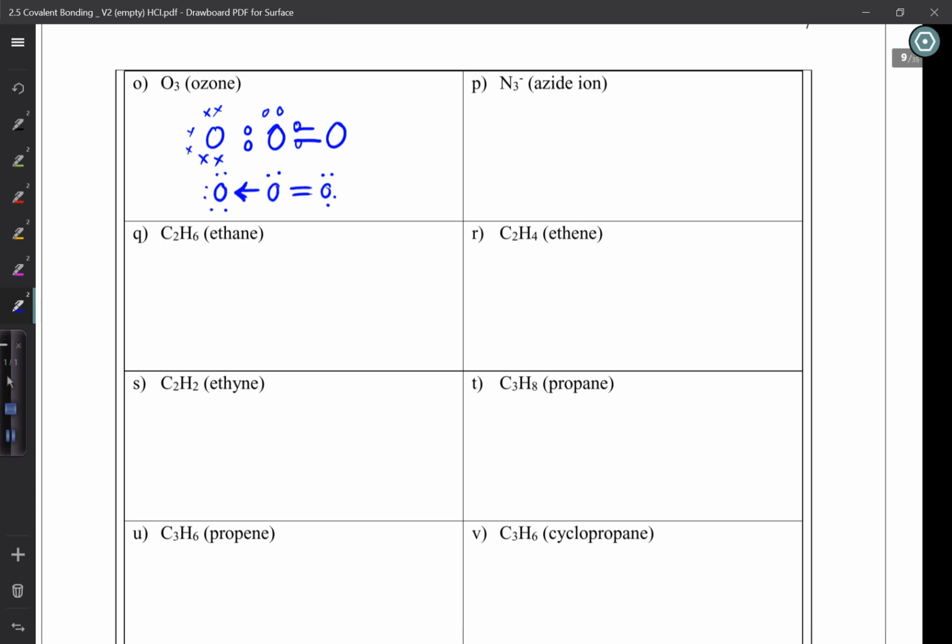Alright, next one is the azide ion. So how do you draw a structure of azide? Taking inspiration from ozone, how do you think you can construct azide? And also it's an ion. How do you construct azide?